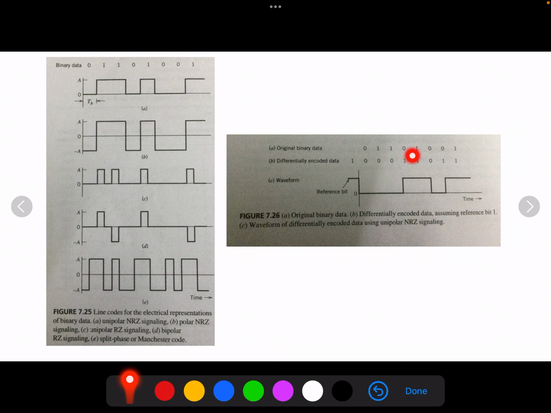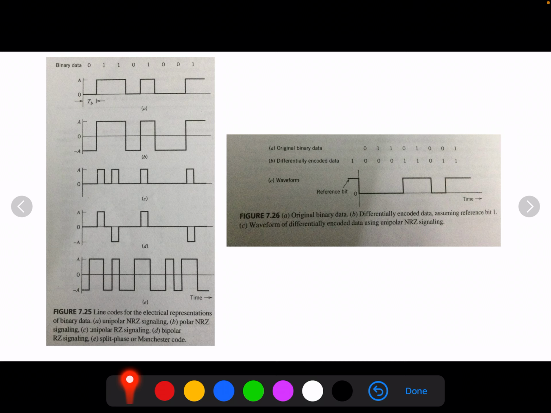When the next appearing data is 0, there is a shift from 0 to 1. Next 1, 0. So next appearing data is 0. So whatever is the previous state, it gets inverted. So next appearing is 0. So whatever is the previous state, next gets inverted. So like this it happens.